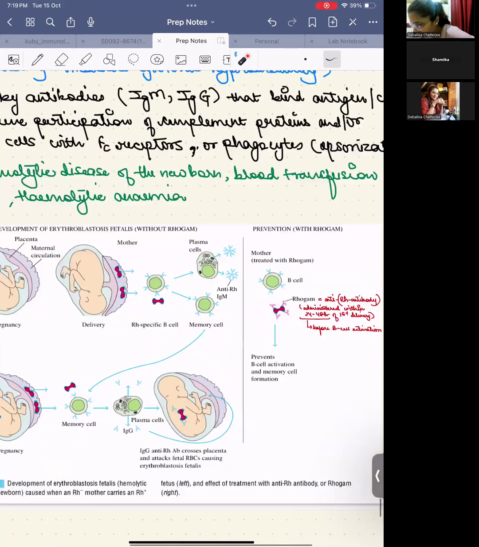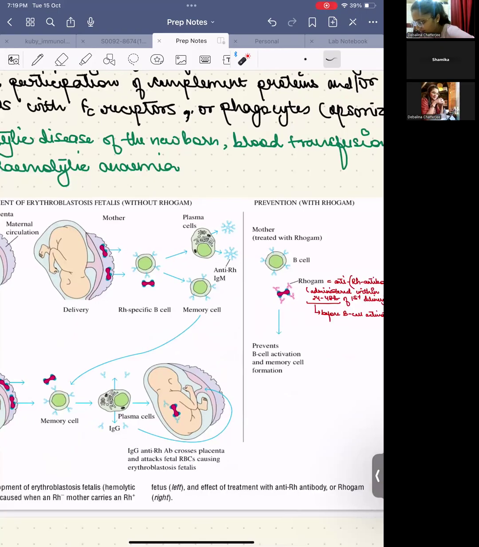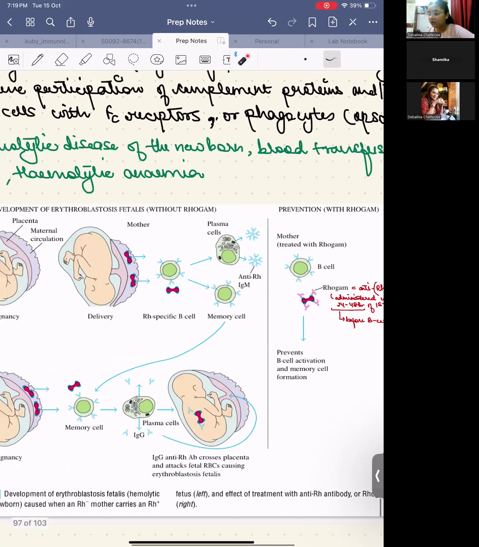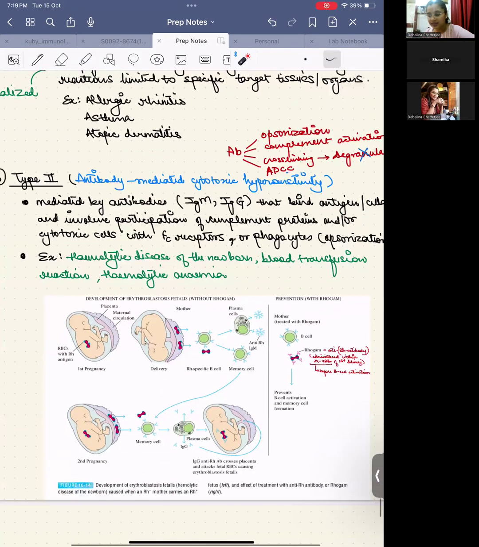And if they reach the fetus, we have the attack on the fetal RBCs, causing erythroblastosis fetalis. So this response that we just discussed is how type 2 hypersensitivity is mediated. Because of antibody, some sort of cytotoxicity ensues.